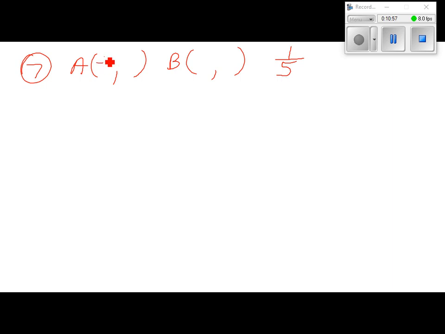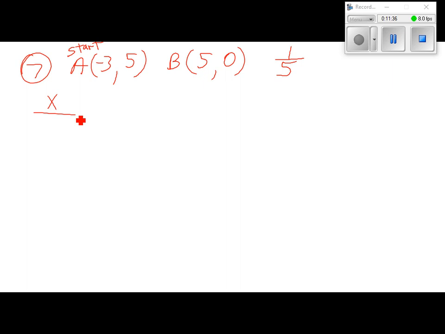Negative 3, 5. Everybody agree with that? What's B? 5, 0. Does it say which point we're starting at? A to B, so we're starting here. We have to know where we start, otherwise it's going to mess up everything. Usually we're starting here going that way, but that's not always the case. There's one or two of them that are switched. Is it all right if I just write X instead of writing out the X coordinate?